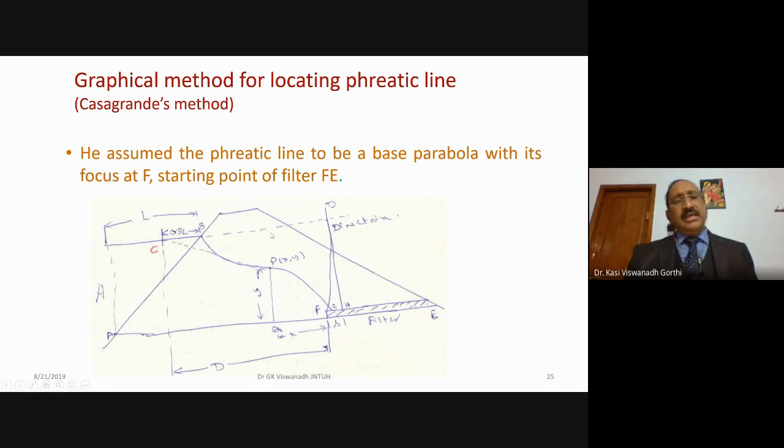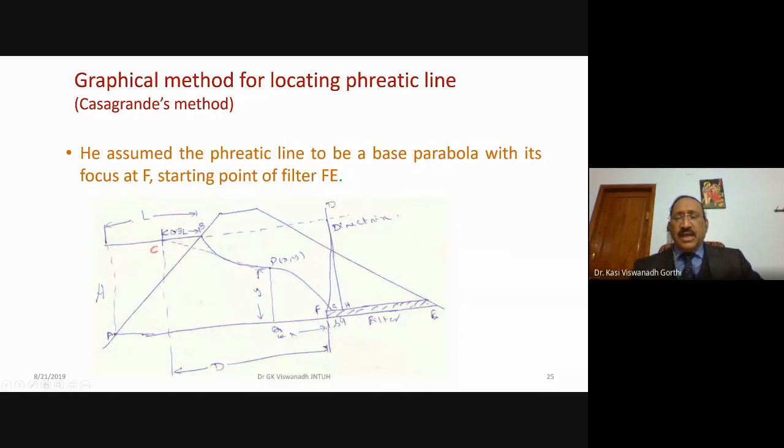He assumed the phreatic line to be a base parabola with its focus at F, the starting point of the filter. This is the assumption made by Casagrande. The earth dam section is shown here, and a horizontal filter is provided from the toe. The location of the horizontal filter is FE.